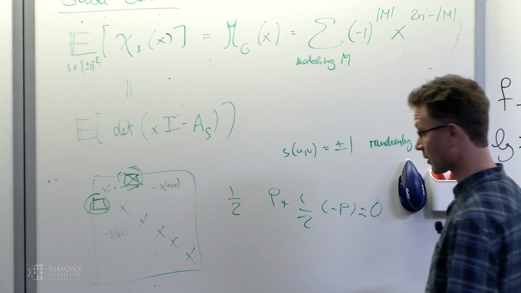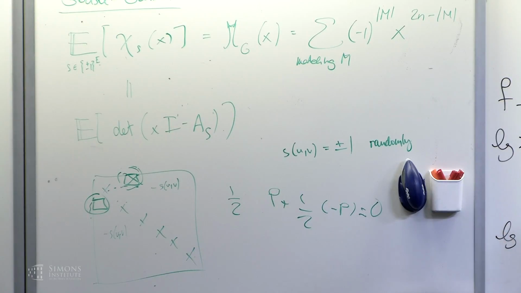It must be a matching because it's a permutation which consists of 2-cycles and fixed points. That's the only thing.